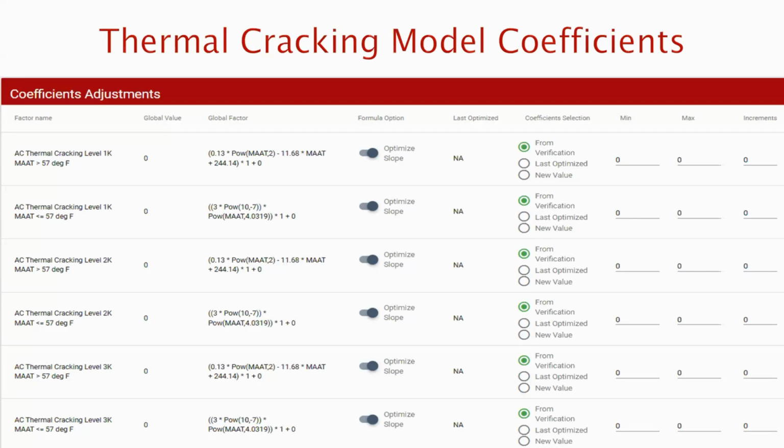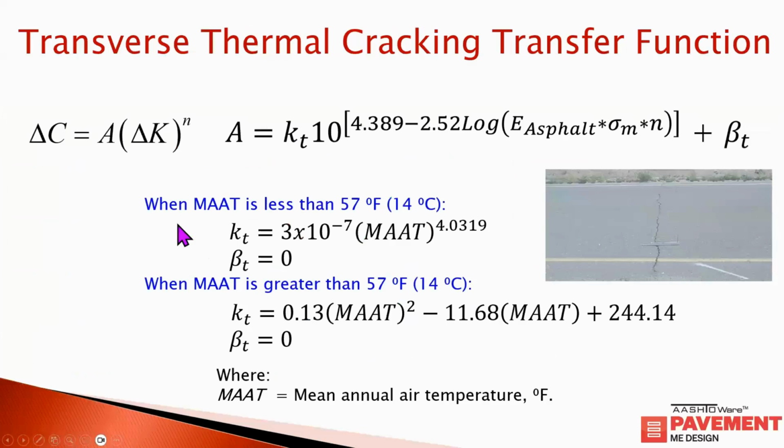So you have that happening for each of the three input levels. So there's actually 6 different possible global values, or I mean, 6 different scenarios that you're looking at. And this explains how the model is subdivided by temperature above and below 57 degrees.